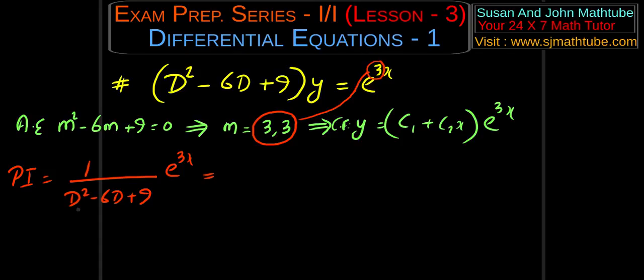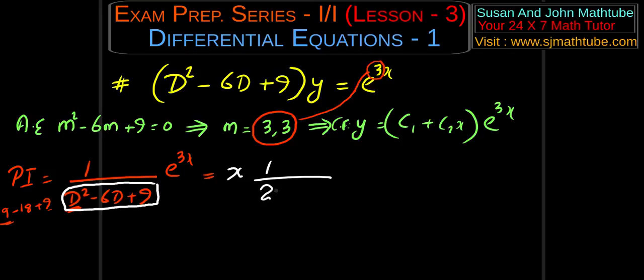So if you substitute D = 3, you're going to get 9 − 18 + 9, which is 0 as expected. So what is the method? You put x and then you differentiate the denominator with respect to D. So we get x times 1 by (2D − 6) e^(3x).